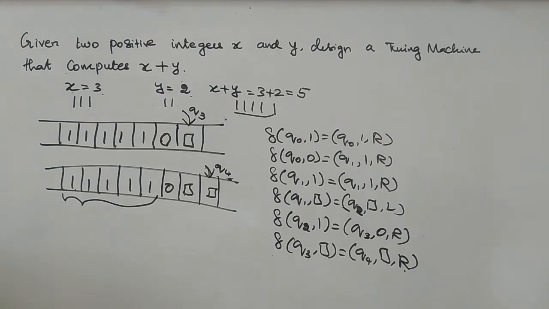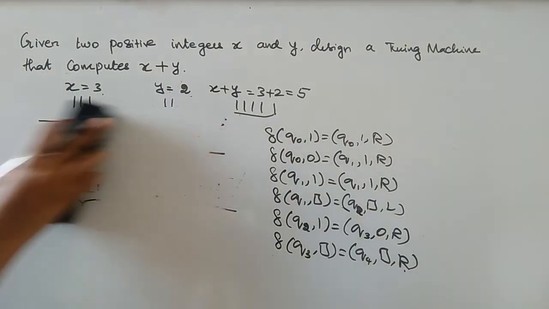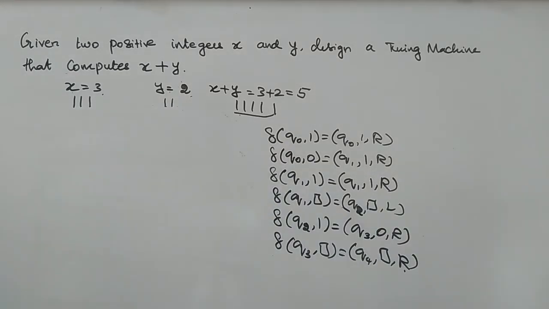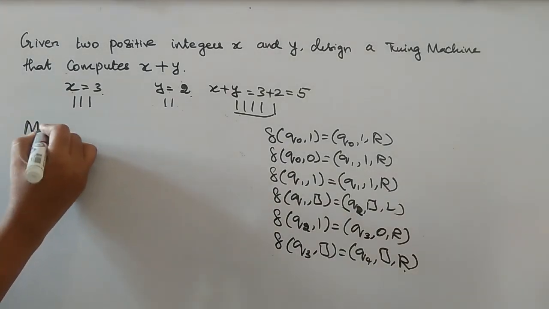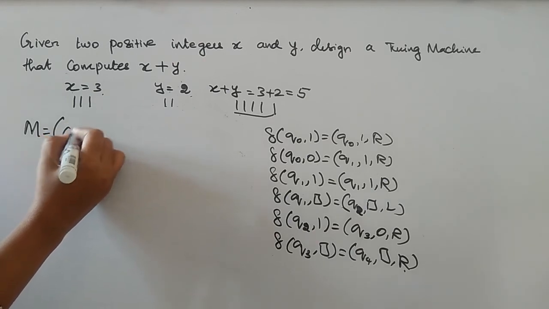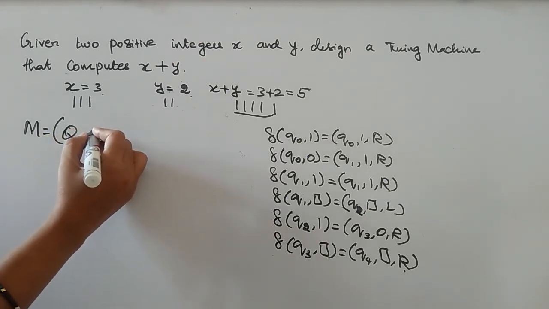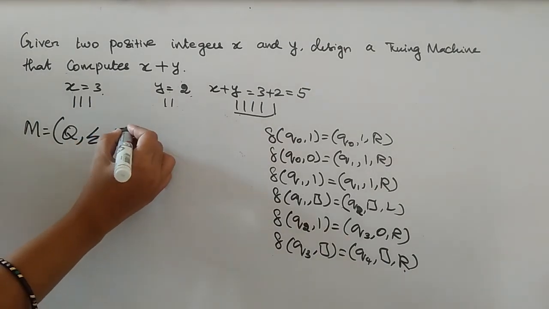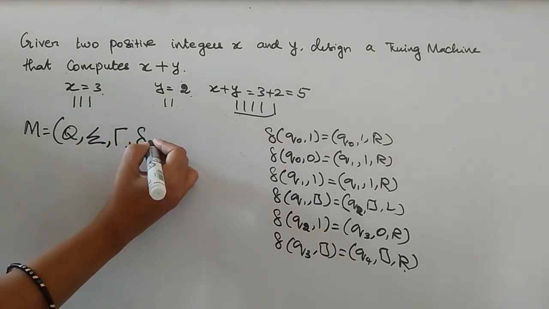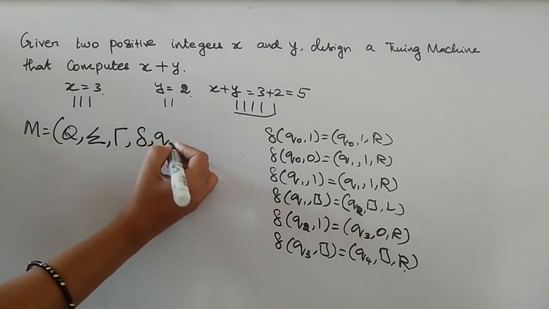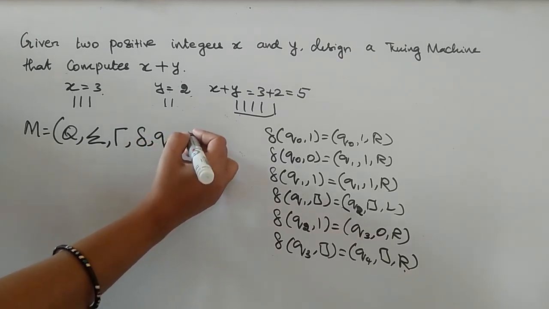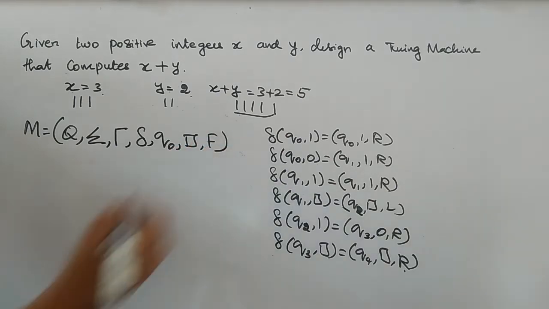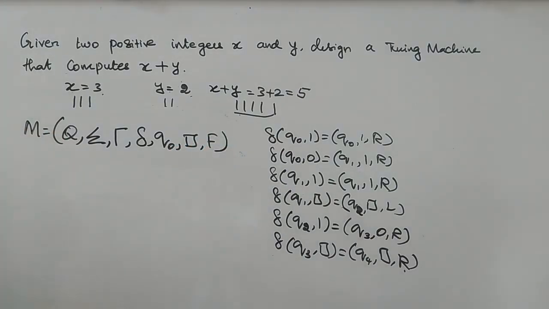So how can we conclude here? We can conclude: let M be the machine of 7 tuples. One is the internal states, input alphabets, the tape symbol, transition, then the initial state as Q0, the special symbol blank, and the final state, which is a Turing machine.